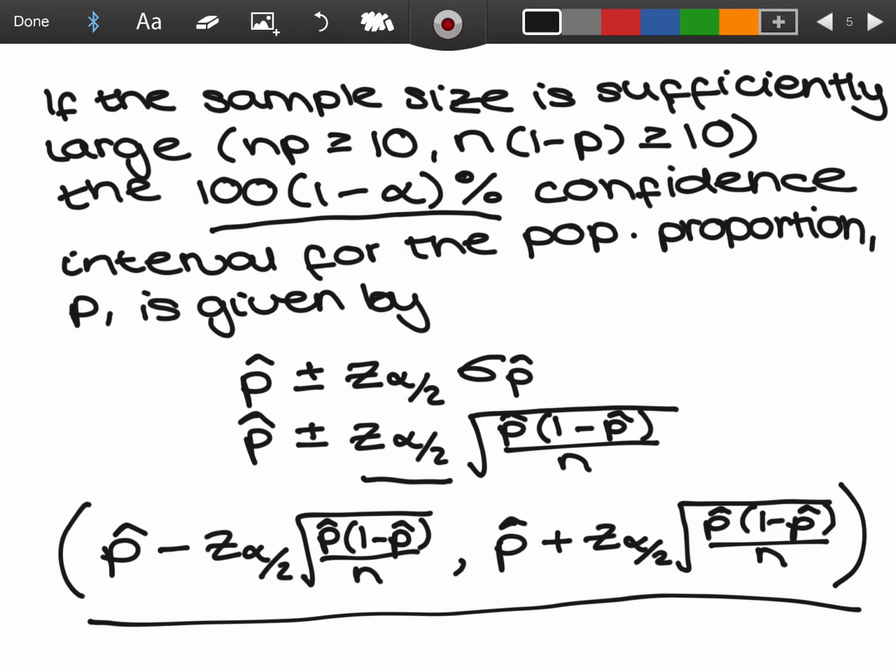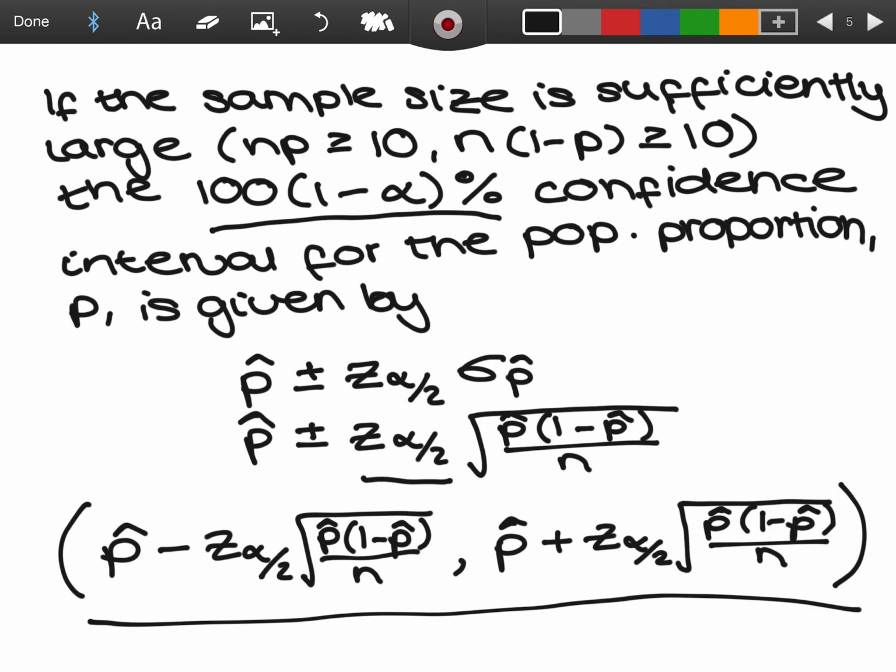Click that, and it will ask you for some information, and we are going to do an example so that you can see this. It asks for X, N, and the confidence level. X is just the number of things in your sample that have that certain characteristic. It doesn't actually ask you for the proportion.